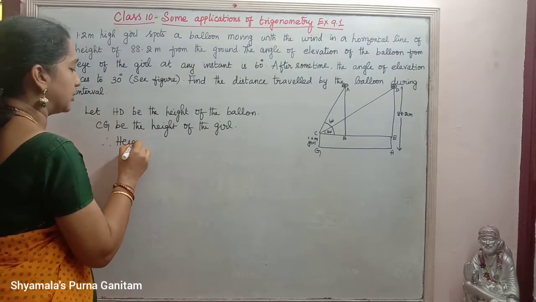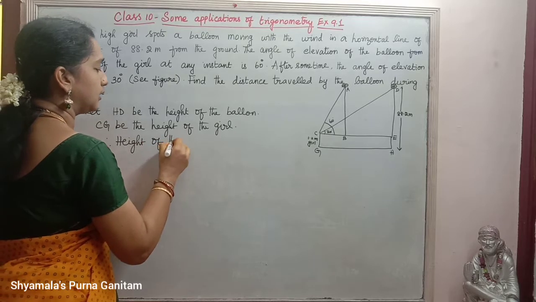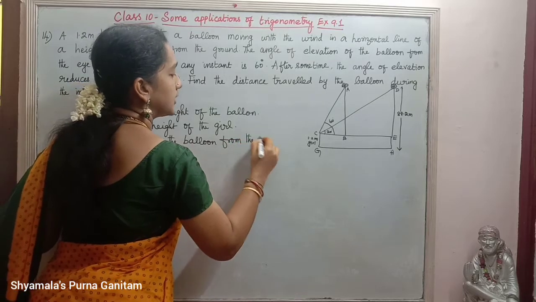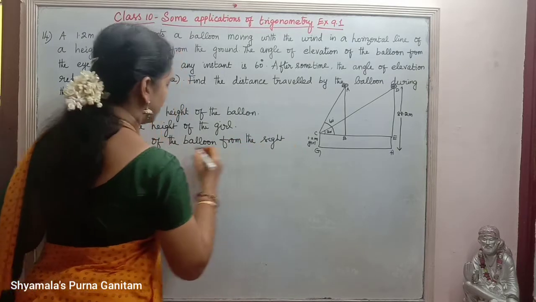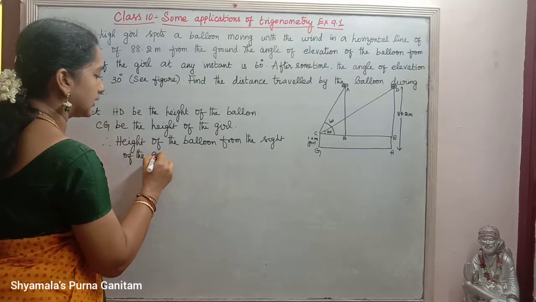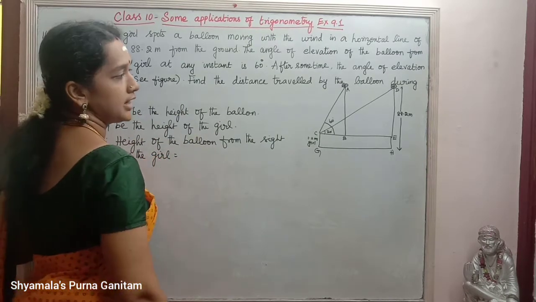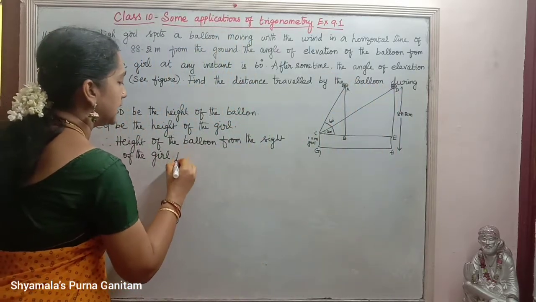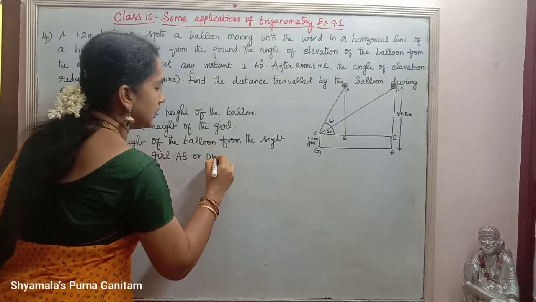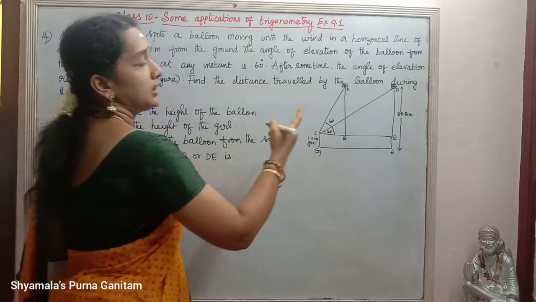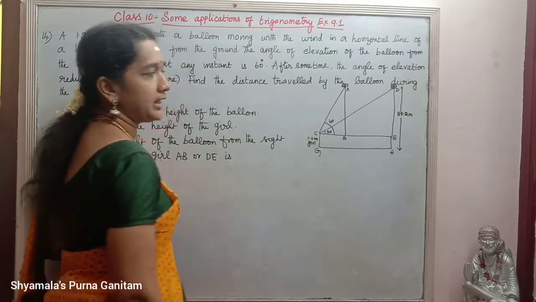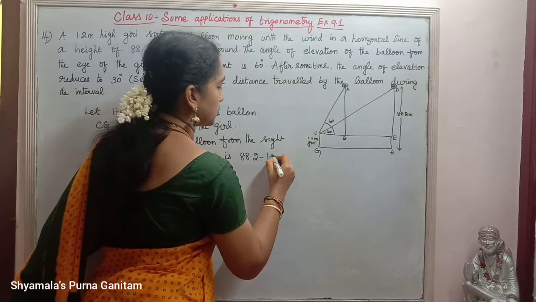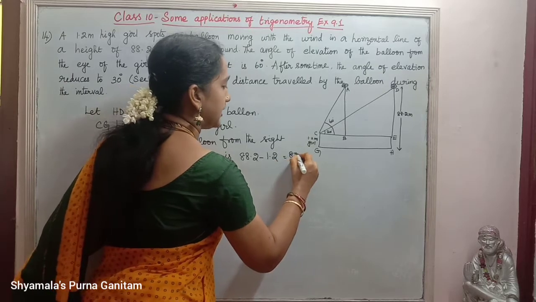Therefore, the height of the balloon from the eye of the girl, that is DE or AB, is 88.2, the full height, minus 1.2, that is equal to 87 meter.